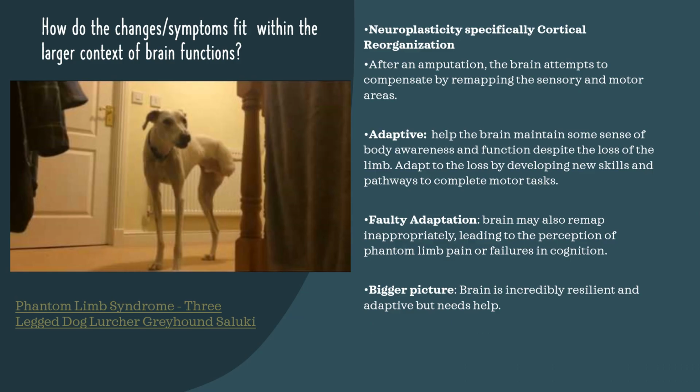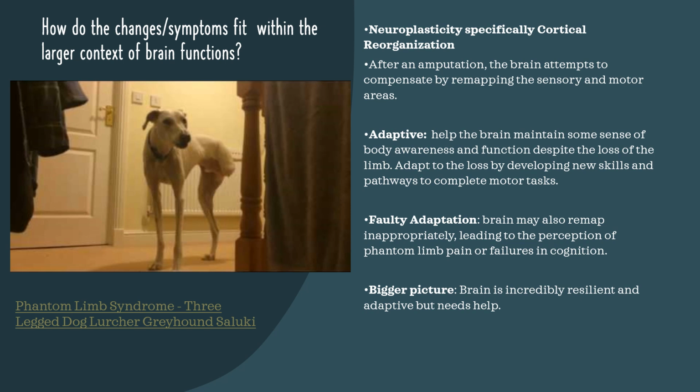So it seems that in PLS, when the patient's body is damaged, the brain is trying to reorganize in order to help the patient adapt to the new situation and relearn a way to operate without that missing limb. This is the concept of neuroplasticity, which is the brain's ability to reorganize itself by forming new neural connections after an injury or loss.